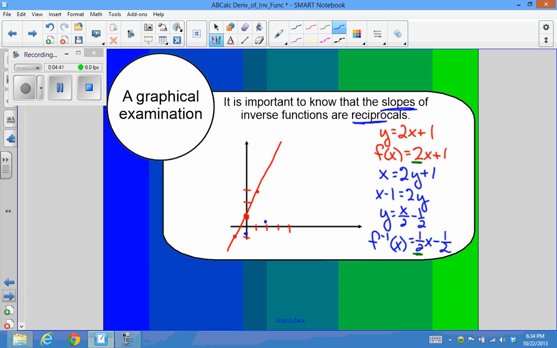And so they should cross. I may be a little bit off, but close. Slopes are reciprocals of your inverse functions. That's going to be a big deal as we get into this.